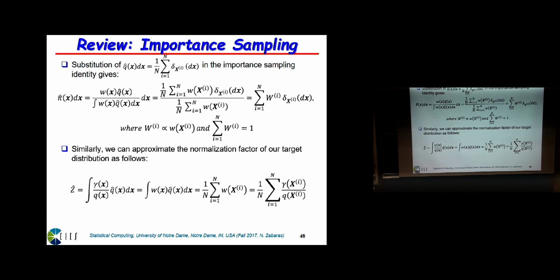Now, can you remind me, when we plug this into the expectation of a function f of x with respect to this importance sampling approximation, is the approximation biased or unbiased? What did we conclude in passing? I did not give you the detailed derivations that were in the notes, but we said something. Obviously, it's going to have some variance, right?